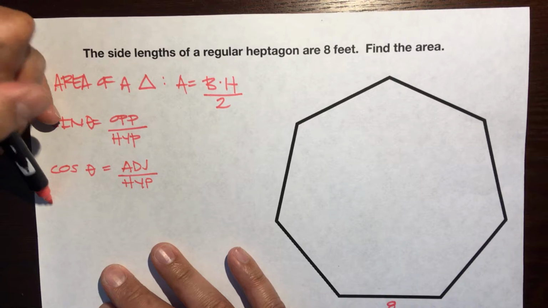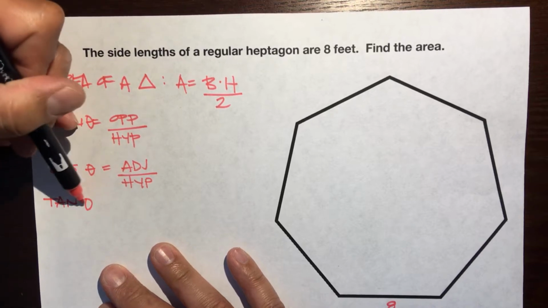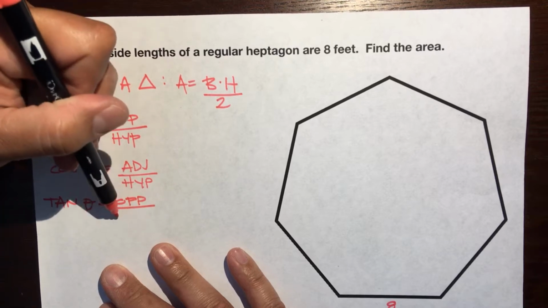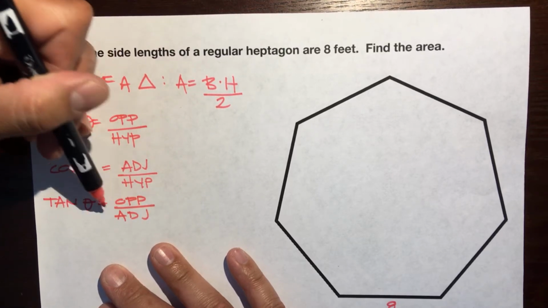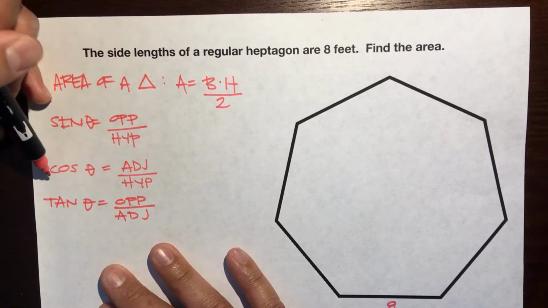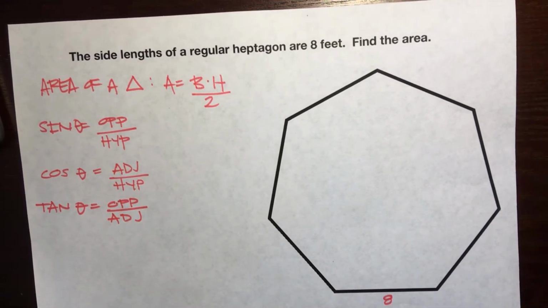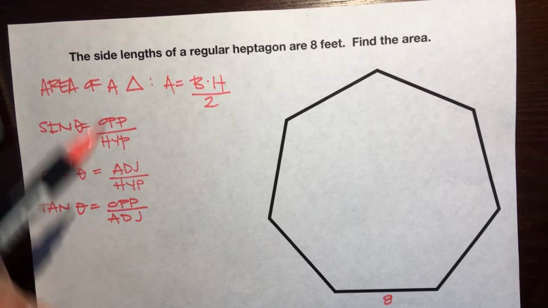And tangent theta is the opposite over the adjacent. SOH CAH TOA. So we may need to use any one of those three, but for sure we're going to use area of a triangle.